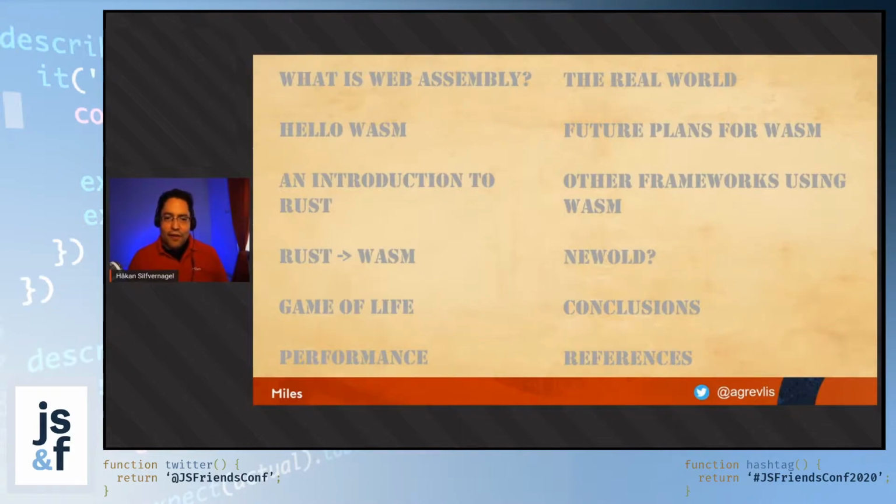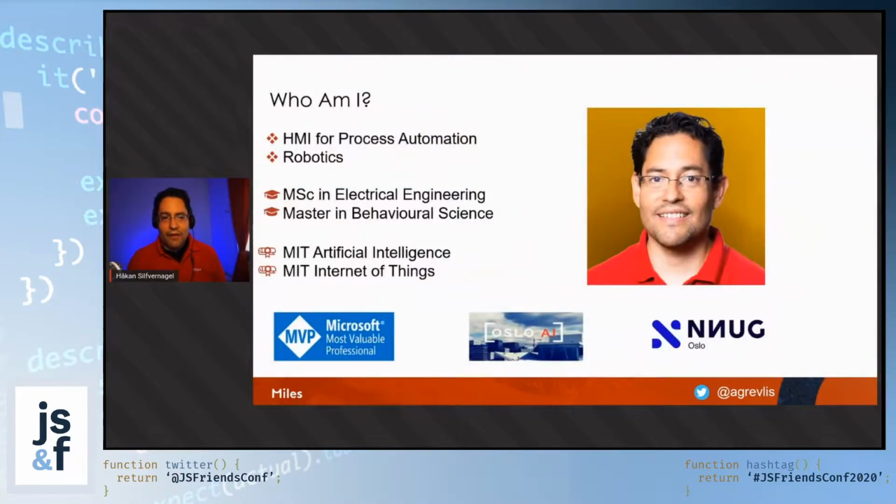But before we start, I would just like to give you a bit of a background about me. So my background is I've worked with human-machine interfaces for process automation and robotics. And then I've also been a consultant for the past 10 years. My educational background is a Master of Science degree in electrical engineering and a master's degree in behavioral science.